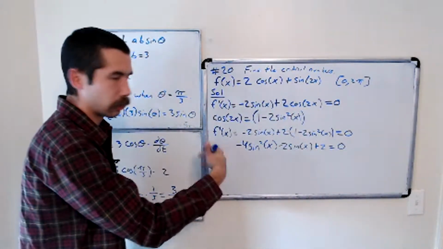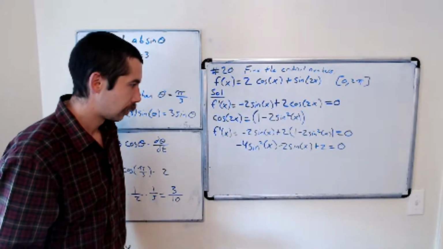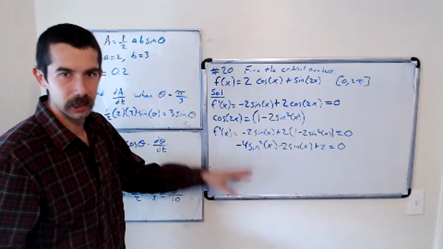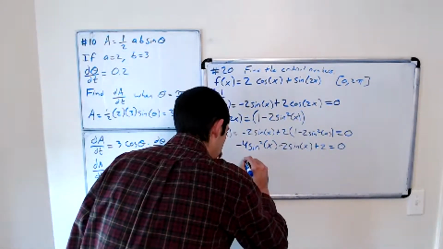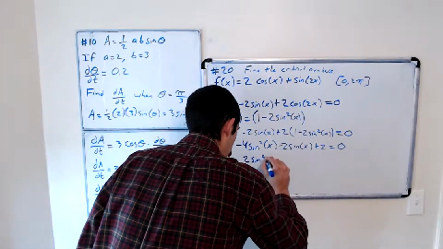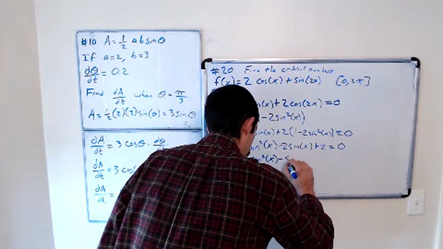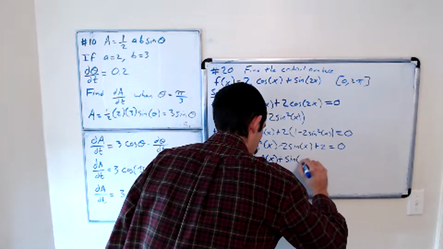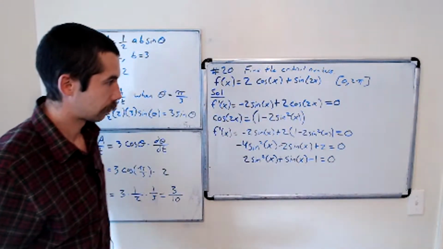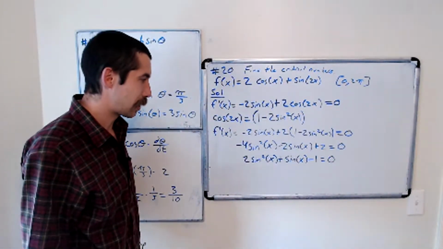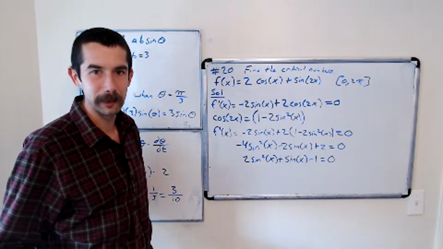I distributed the 2 and just rearranged it. And there's a lot of 2's here, so let's divide everything by -2 to clean it up. So we have 2 sine squared of x plus sine of x minus 1 equals 0.